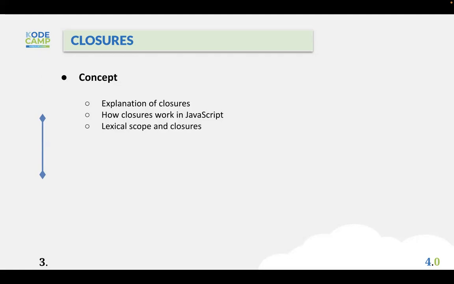Function creation. When a function is created in JavaScript, it captures a reference to its surrounding lexical environment. This environment includes all variables and functions declared in its outer scope. And we'll understand what an inner scope and an outer scope are in just a bit. Stay with me.